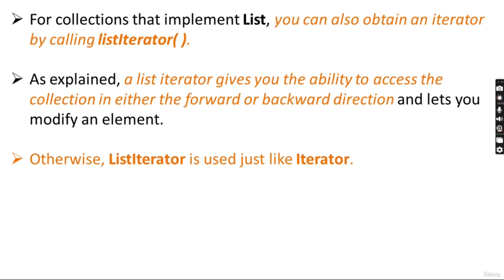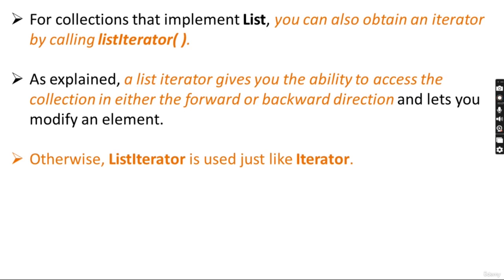For collections that implement List, you can also obtain an iterator by calling listIterator. So whatever collection implements the List interface, you can obtain the iterator. So ListIterator is common to them. As explained, a ListIterator gives you the ability to access the collection in the forward or backward direction and lets you modify the element.